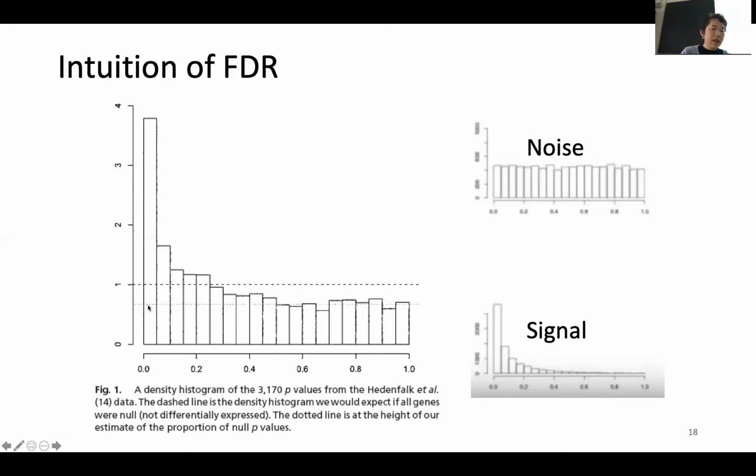Roughly, the noise will already give you this level of p-value below that bar, just by random chance, even if the two distributions have no difference. So these genes are going to be the random noise, whereas anything above this dotted line, these are the real signals. And so what is the FDR if you cut off at this level?